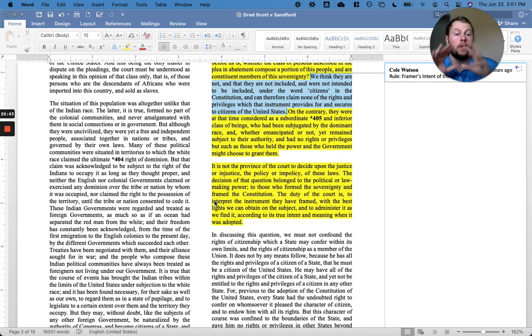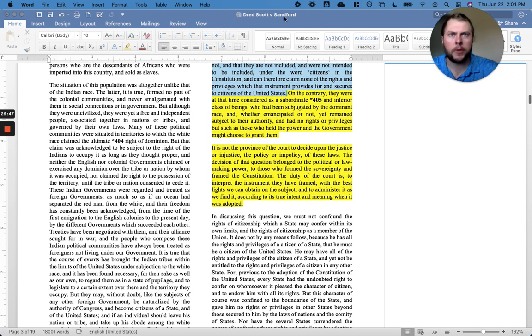Why? They situate themselves in a historical analysis, and they generally look to the Declaration of Independence, which we'll jump to in a second, as well as some other state laws involving African Americans to say, hey, look, guys, at the time that the Constitution was written, this is the way that the framers thought about people of a different skin color than ours.